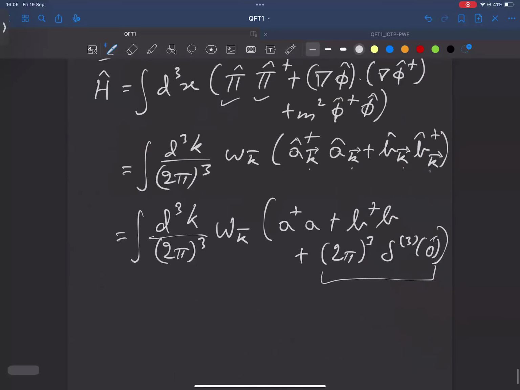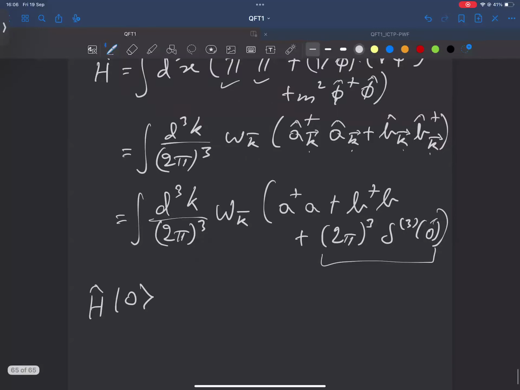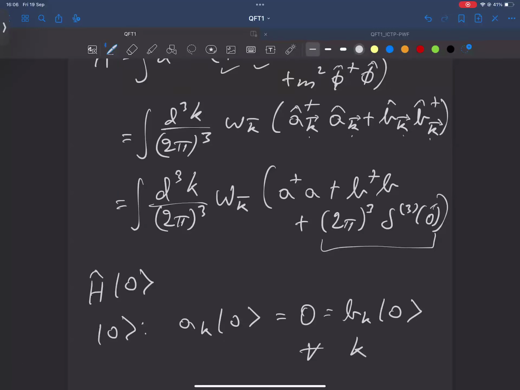So now you see that we have a problem in the Hamiltonian. The problem is if you take the Hamiltonian and act it on the vacuum, which is |0>, and I will define |0> as the one that is annihilated by all the a's and the b's oscillators, for all k.